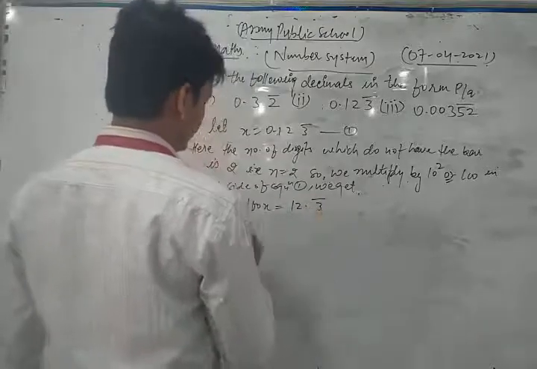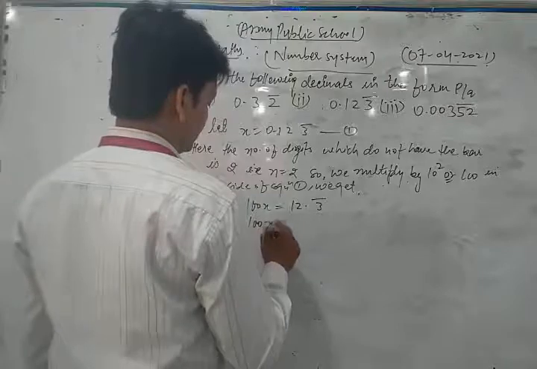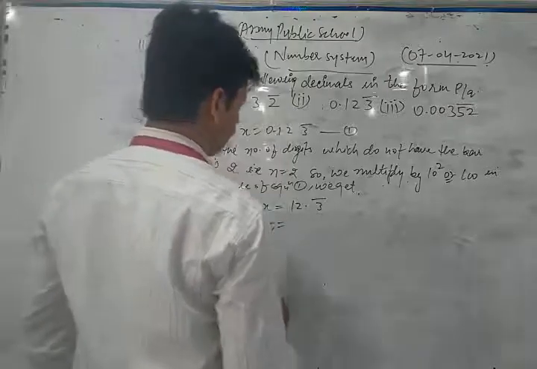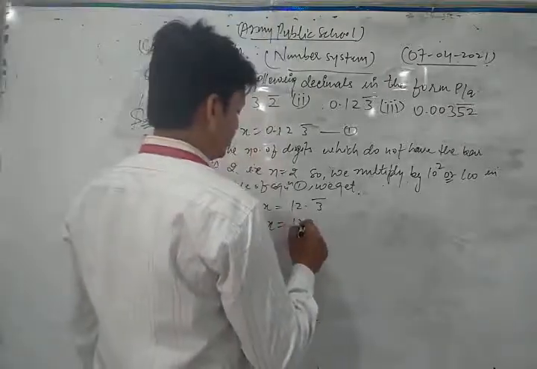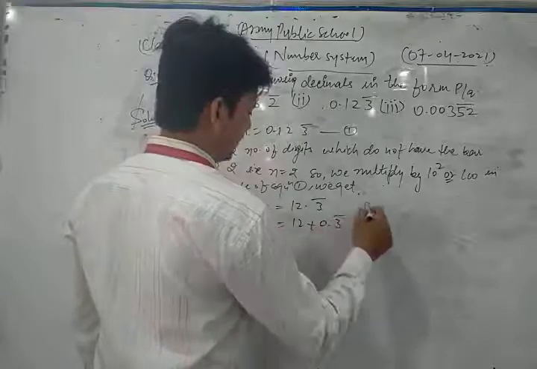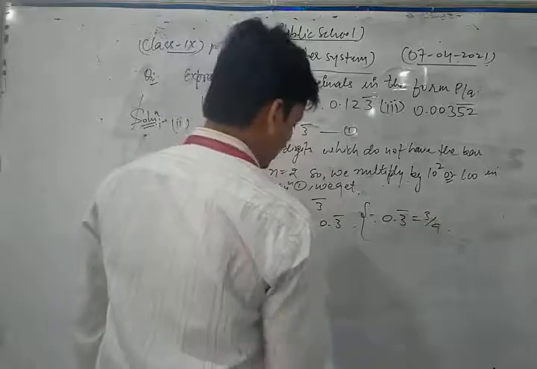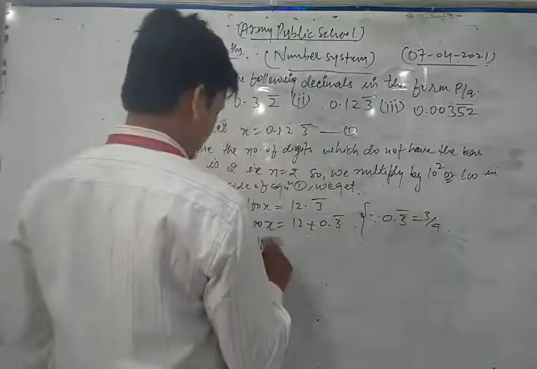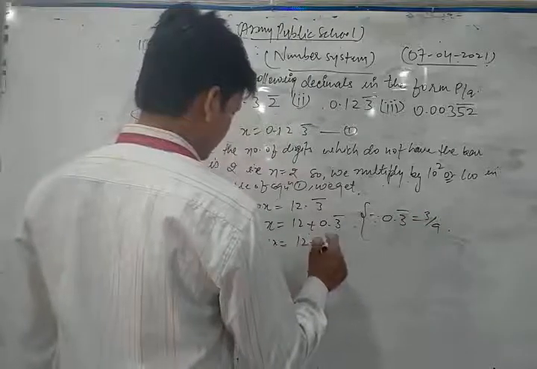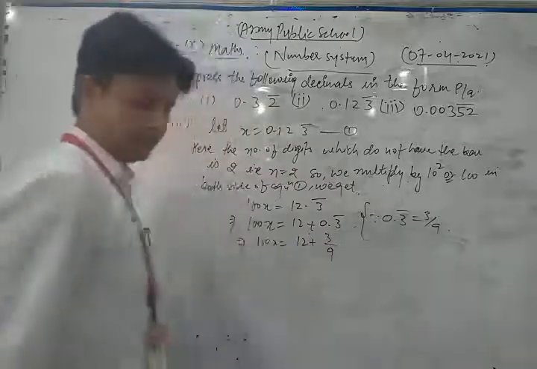Now we also write it as 100x is equal to 12 plus 0.3 bar, and since you know that the value of 0.3 bar is 3 upon 9, we get 100x is equal to 12 plus 3 upon 9, that is 1 upon 3.